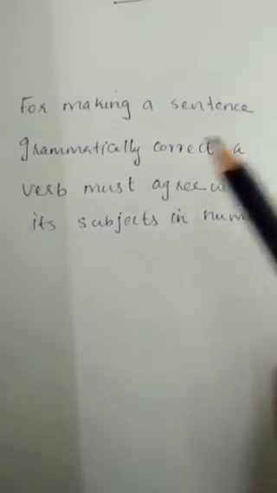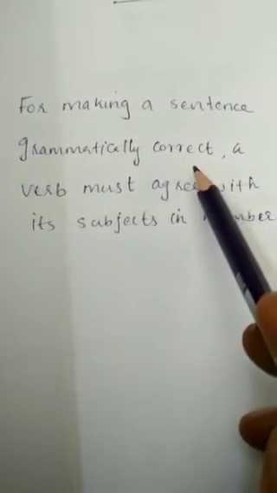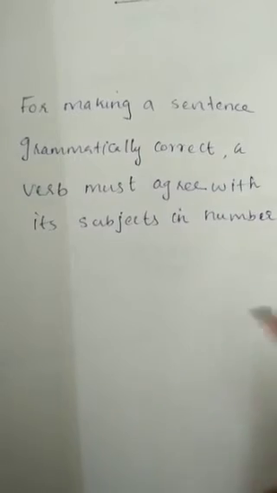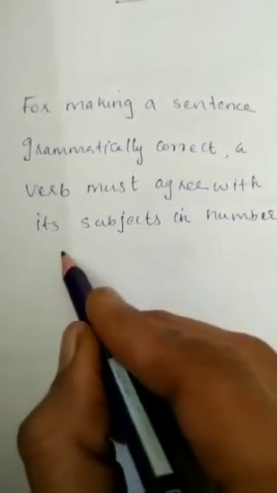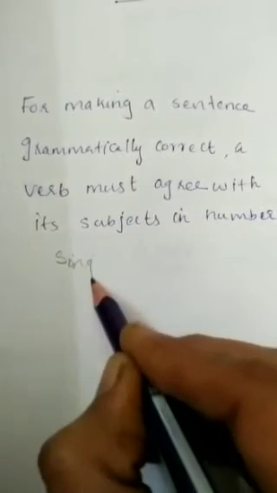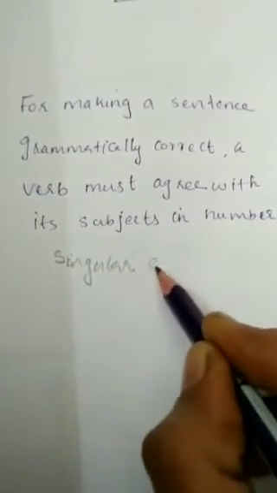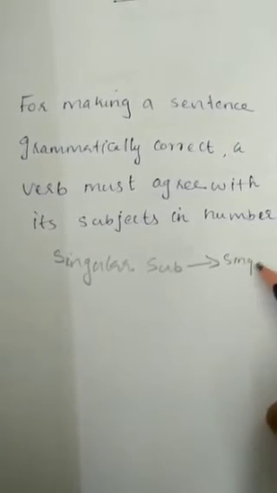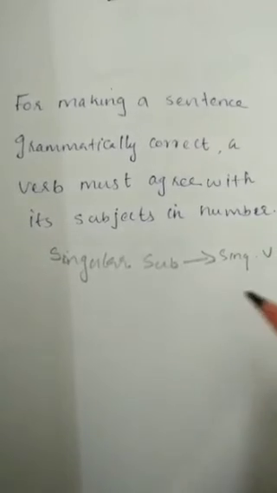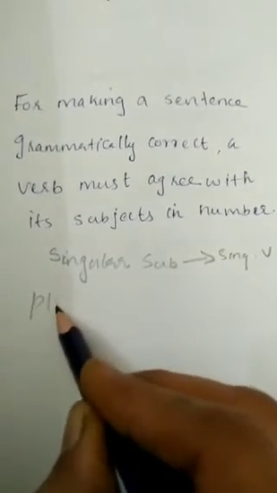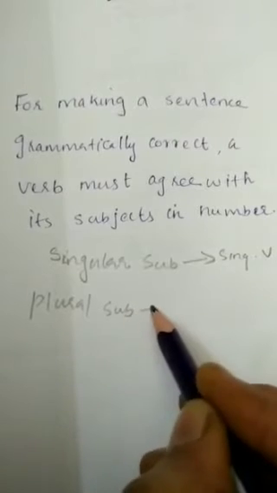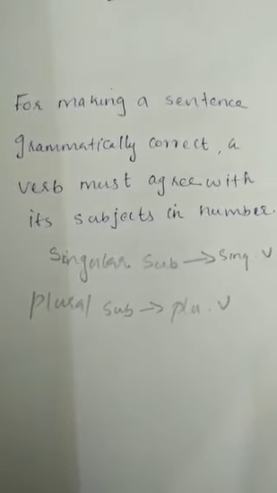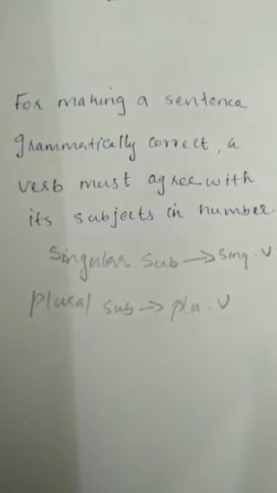For a singular subject, we should use what? Singular verb. And for a plural subject, we should use what? Plural verb. So this is the most general rule in subject-verb concord.